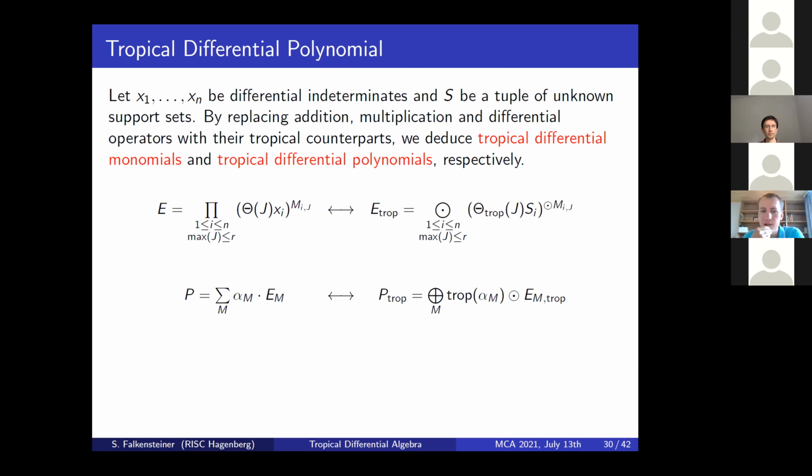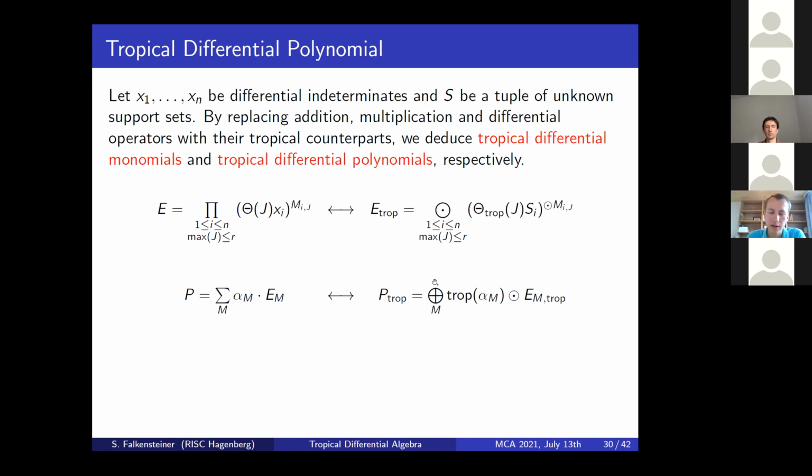Okay. And from a differential operator, it's not far anymore to a differential monomial and a differential polynomial. Here we have differential operators applied to indeterminates xi, and they can be multiplied. The tropical analogon is simply obtained by exchanging the multiplication and the differential operator.